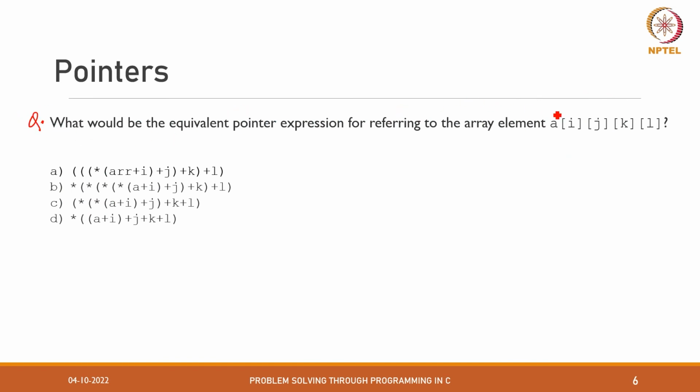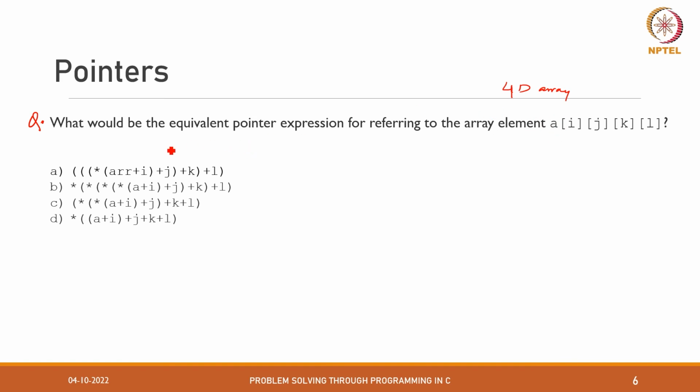So if you have an array element which is A of I, of J, of K, of L, so you have an array with 4 dimensions, okay, a 4D array, what would be the equivalent pointer expression for it? So you can access the elements of the array in this form, but what if I want to access the array elements in the pointer format, considering A is a pointer?